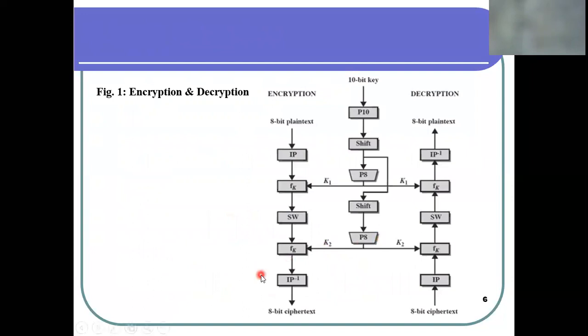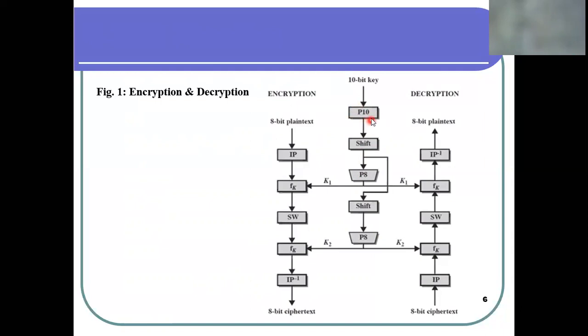The generic structure of simplified DES is given in figure 1, that can be explained with the help of slide number 5. I take plain text and apply a key of 10 bits and then apply P10 with one left shift, and then I get K1.